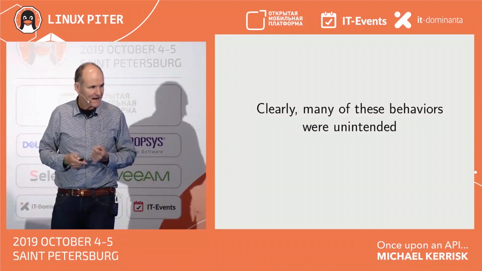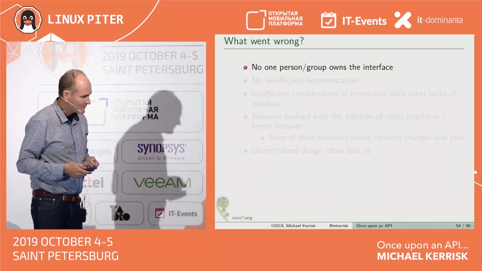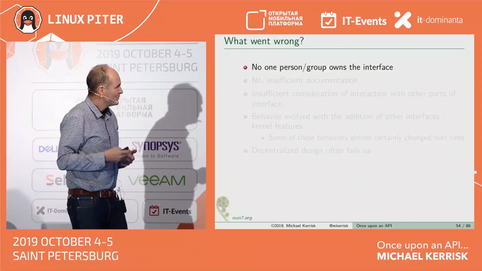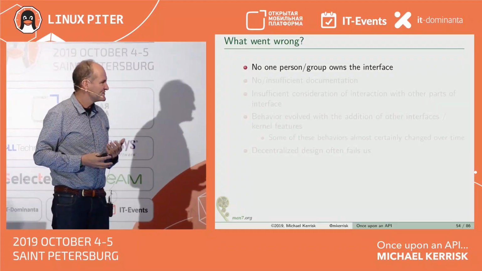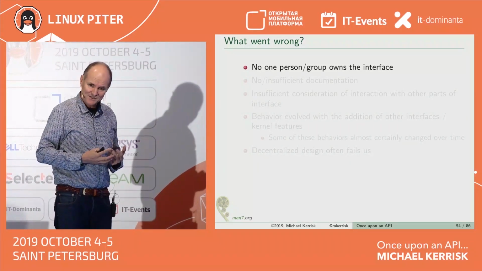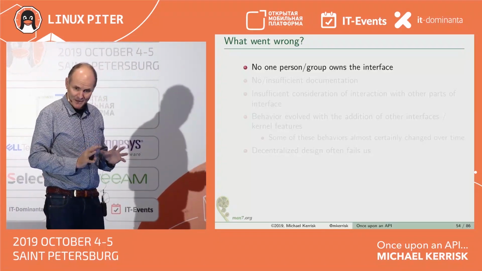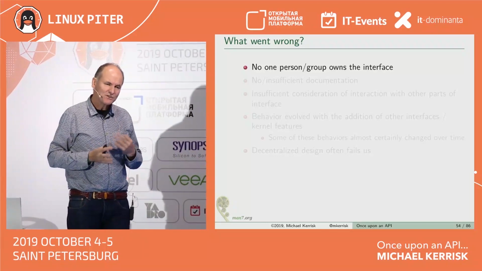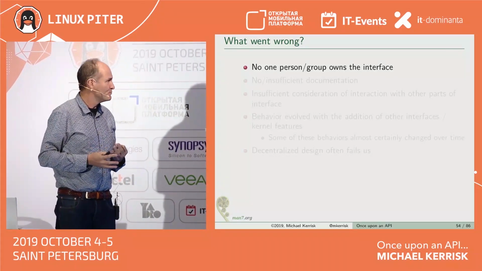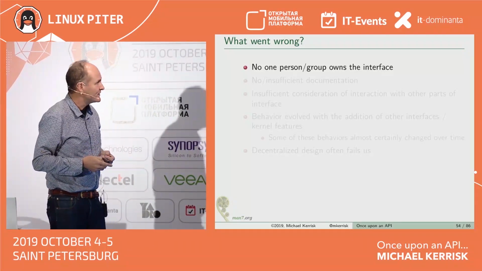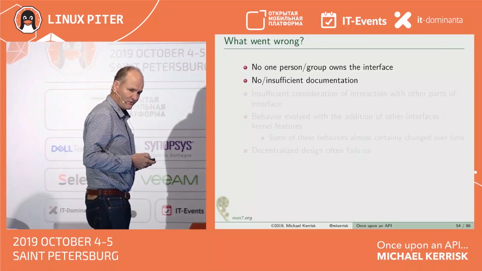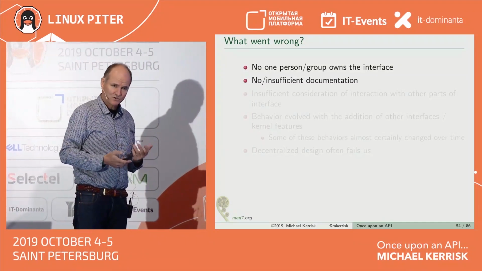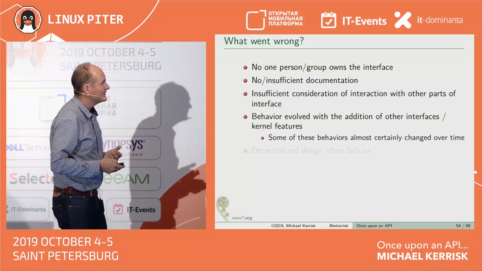They were rather accidental. And the question is, well, why did this happen? There are various ideas that I would put forward here, and I want to elaborate on some of these in the remaining minutes. One of them is that there's no one person or group who owns the interface. And there's often insufficient description, documentation of what we're doing.